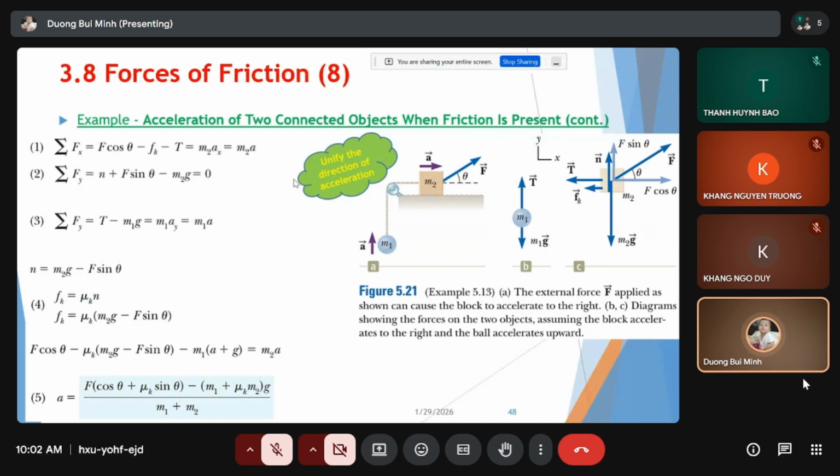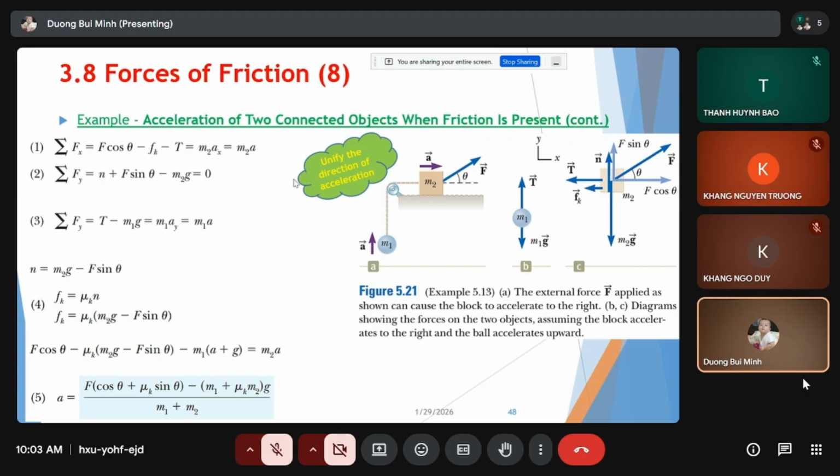For object 2, we have the x-axis and y-axis, of course. For the x-axis, we have F cosine theta minus Fk equals M2 A, because we apply Newton's second law, sum of F equals M A. Then you get this equation with what?